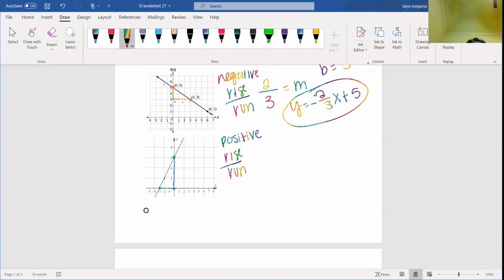You could also do this point right here, or you do this point. It's basically the same. So I'm just going to go ahead and do the points it has highlighted for us.